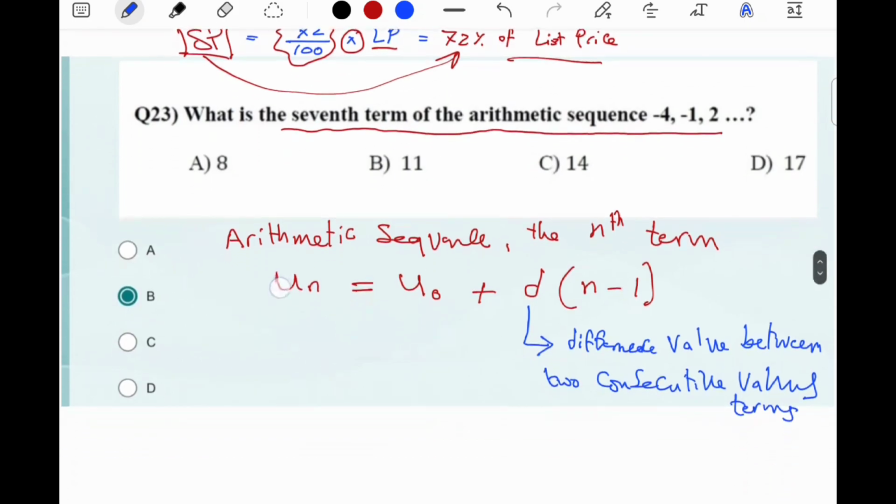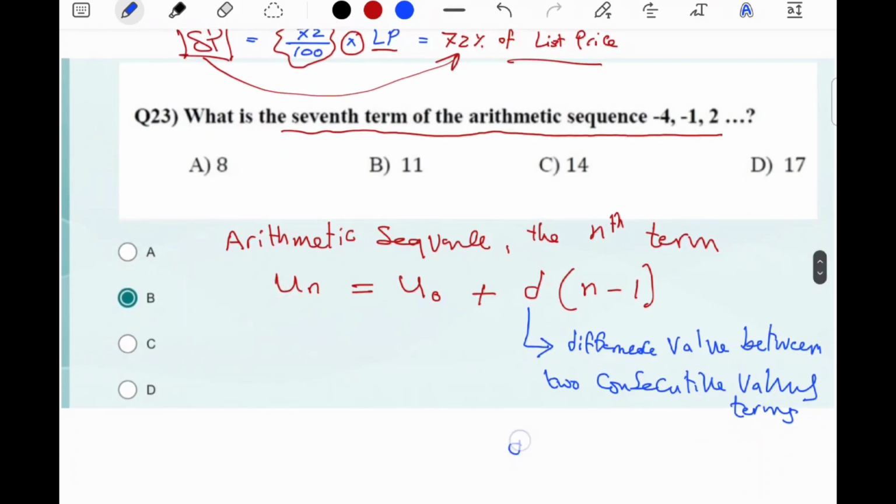So in this case, we have D equal to -1 minus -4, which is equal to -1 plus 4, which is 3. Or also, if you want, you can verify it by saying 2 minus -1, which is 2 plus 1, and the answer is 3.